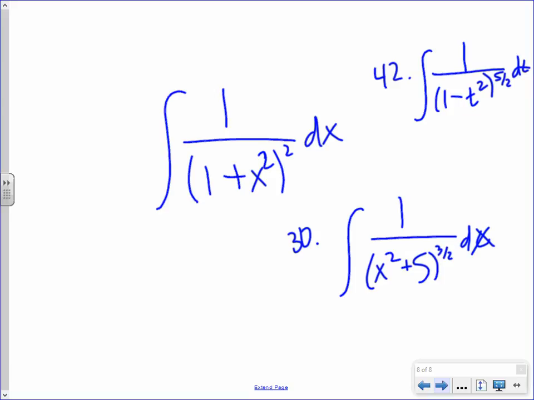It is okay that a squared plus u squared is not under a square root. Do you see what I mean? It could be under anything. What about one? Can it be just one? Obviously there would be easier ways to solve it if it was just 1 plus x squared to the first power, but yes, you could use trig substitution. In 42, you do have that under a square root.